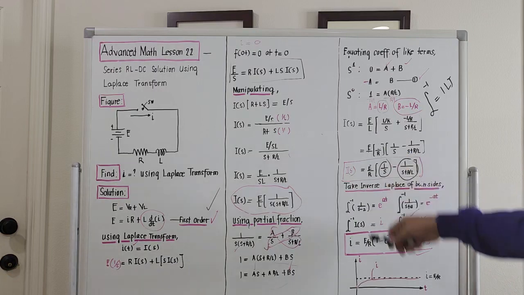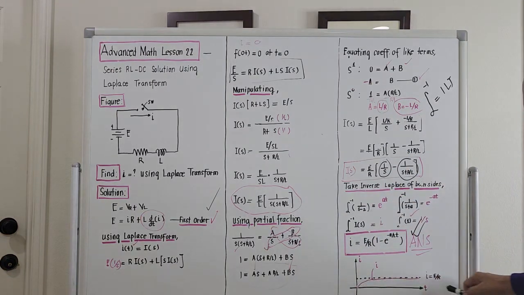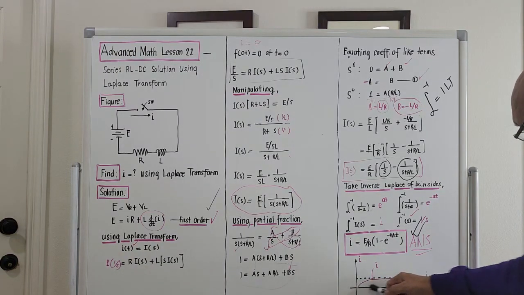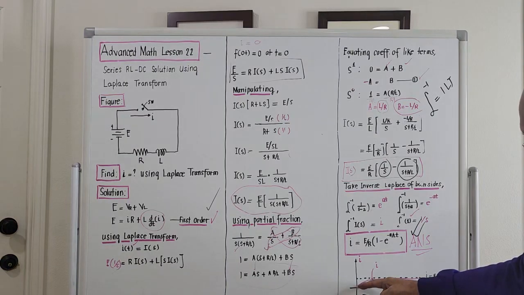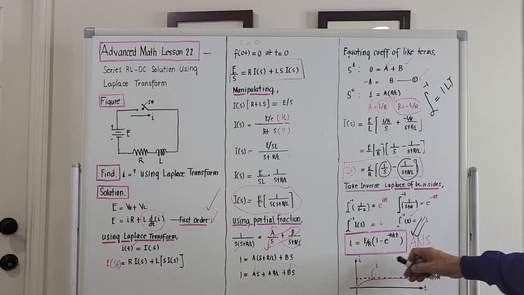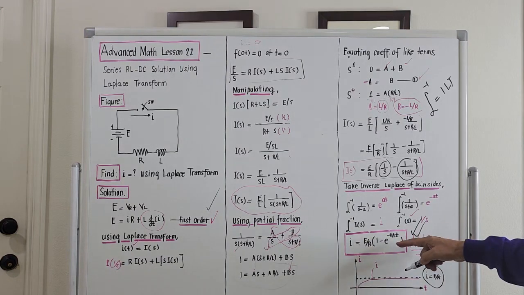And the graph of the equation will be this: the abscissa is time, the ordinate is current, this is a horizontal asymptote, and the value is I equal to E over R, and this is the graph of the current. It goes like this. At time t equal to infinity, the current is almost equivalent to E over R, because at time t equal to infinity, this will vanish.